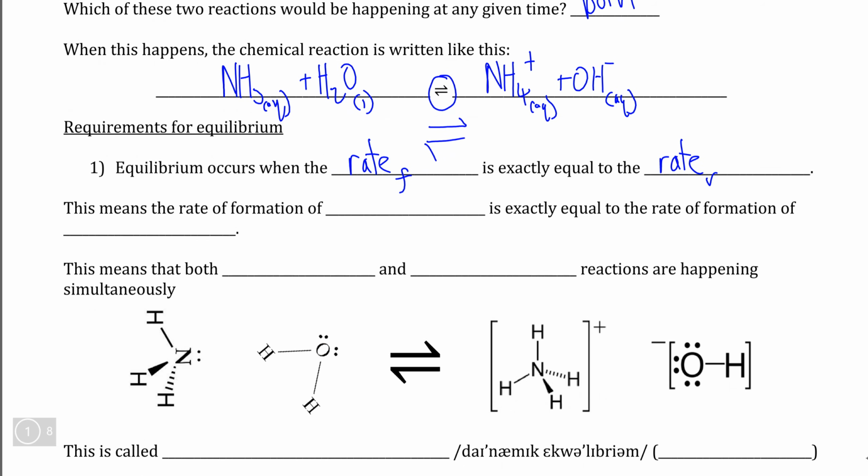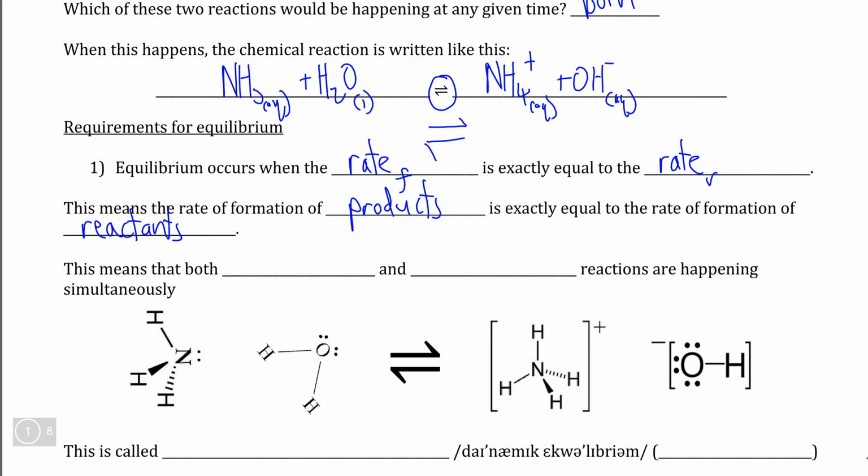Another way of describing this situation is that the rate at which the products are formed, in this case ammonium and hydroxide, is exactly the same as the rate of the products reacting in order to give us the reactants once again.